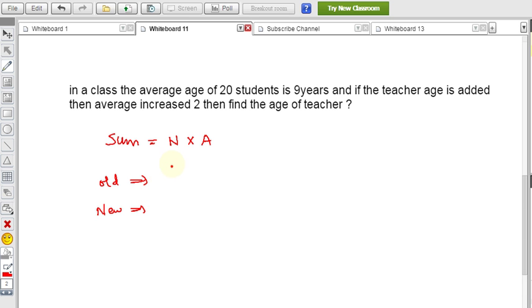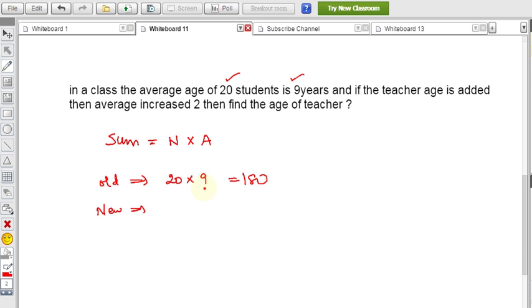So old sum is: number of students are 20 and their average is 9. 20 students and average is 9, that is equal to 180.